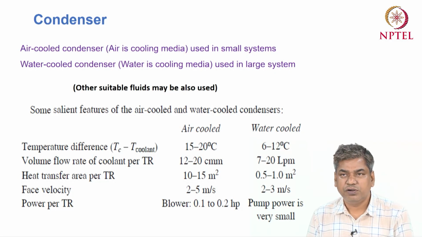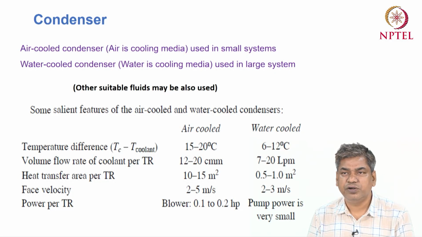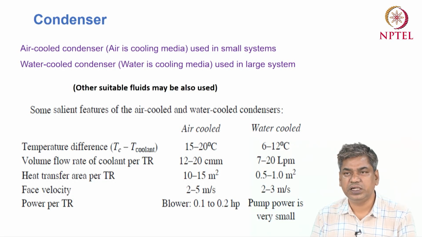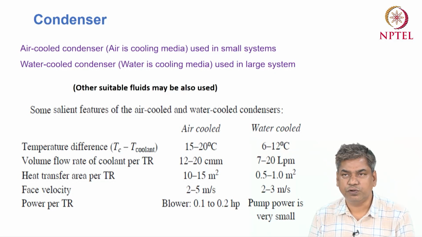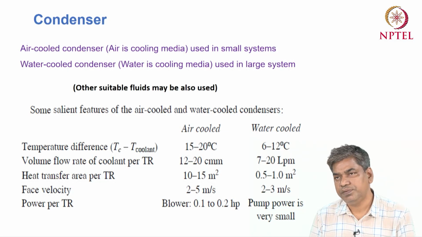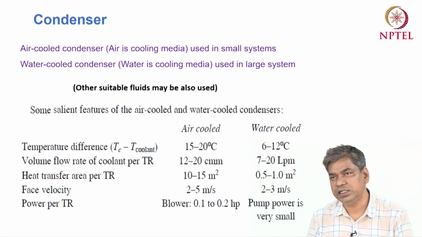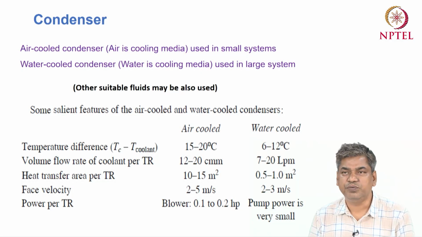For the water cooled condenser, one thing I want to mention is that we use a velocity of 2 to 3 meters per second, because this velocity range is basically the optimum for water flow. For any system, water is basically corrosive. So if you use a velocity lower than this, there is a chance of corrosion, and if the velocity is higher than this, there is a chance of erosion.